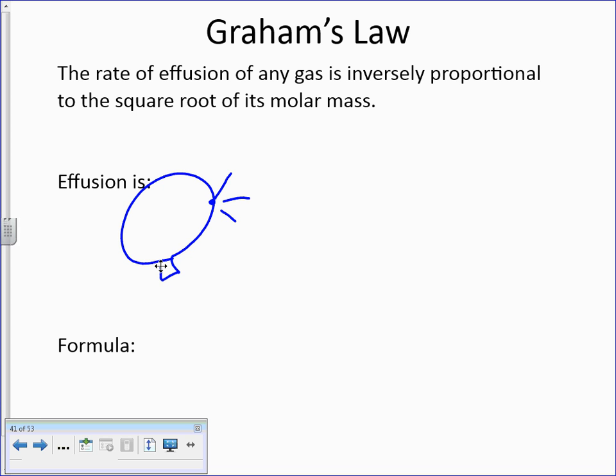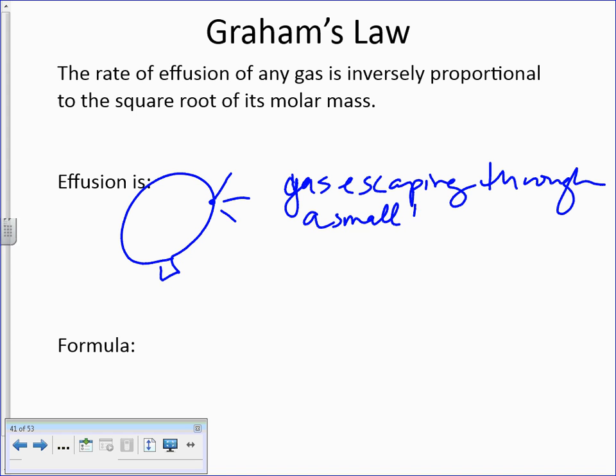It's gas escaping through a small hole, and it's still moving in the same direction that diffusion moves. It's moving from high concentration to low concentration. Brackets mean concentration, by the way. So it's always moving from high to low.